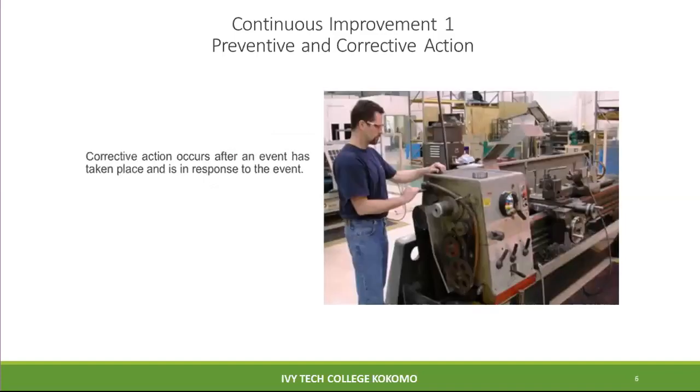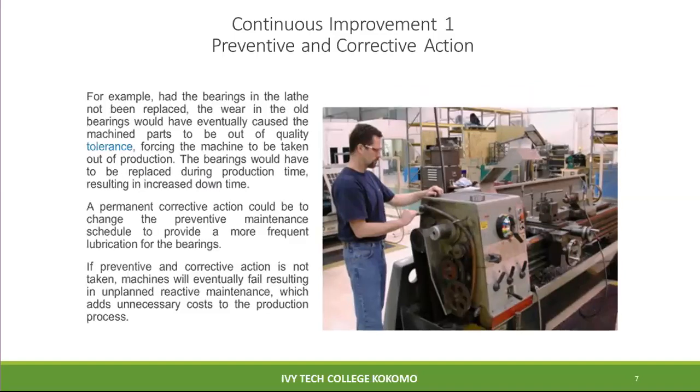Corrective action takes place after something has happened to cause a defect or a non-conforming part. For example, if bearings wore out all the way, then parts would be out of tolerance, forcing the machine to be repaired, and that repair is the corrective action.